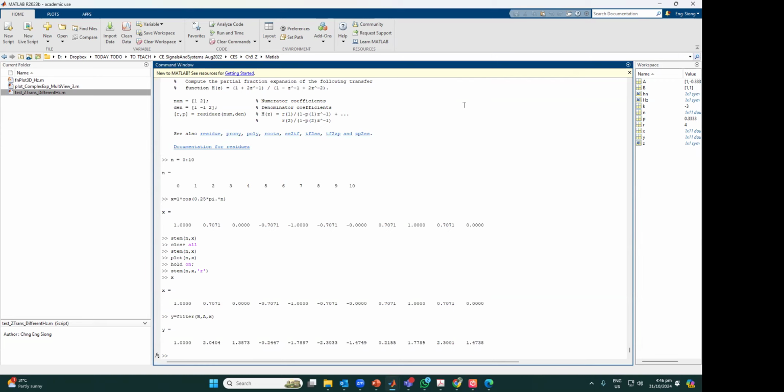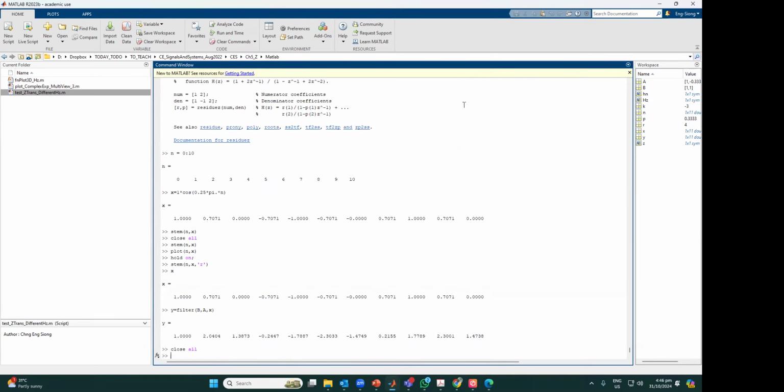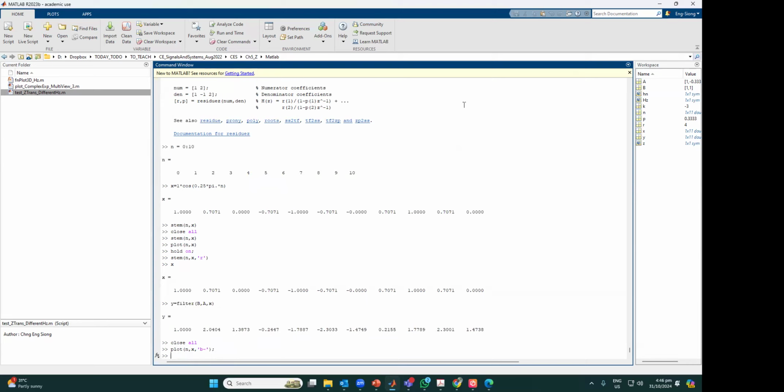That's the output. So now close all. Now I want to plot n, x, blue dash line. I have my input, and now I also hold on and plot y red.